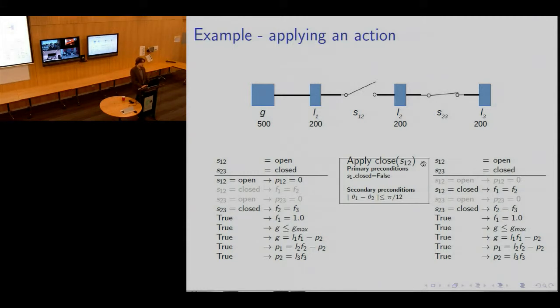So this is an example of an action that would be applicable in the classical case because preconditions are satisfied, but is not applicable in our setting because the resulting state is not valid.